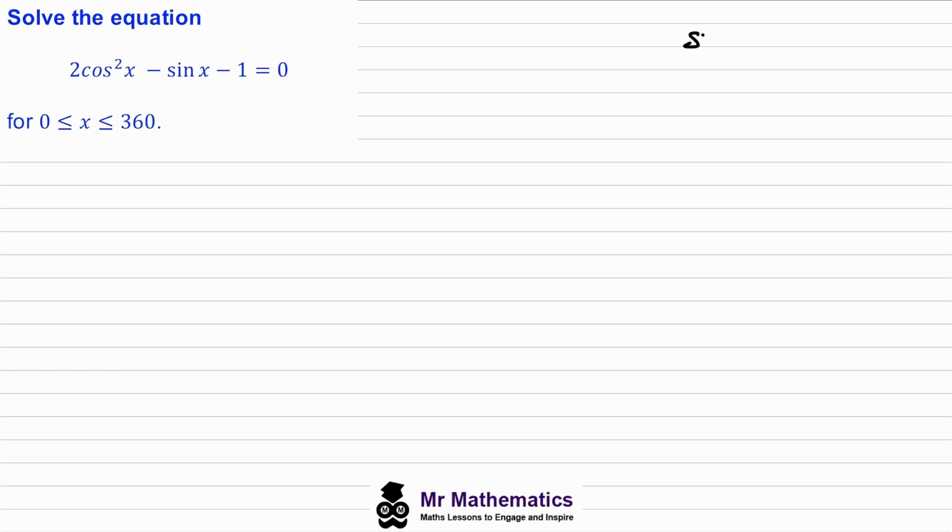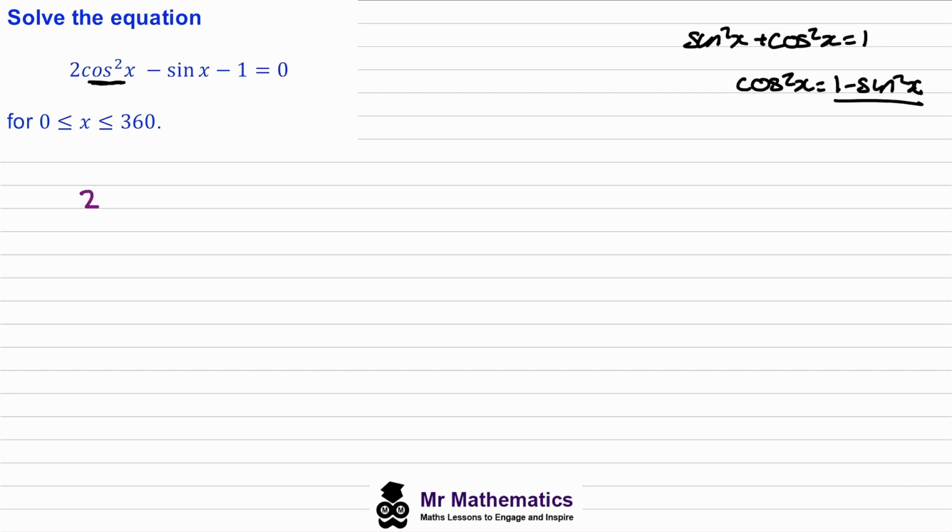And we can use sine squared x plus cos squared x equals 1 to write this cos squared x in terms of sine x. So we'll move the sine squared x to the right-hand side. So cos squared x will equal 1 minus sine squared x. Then we can substitute this in place of the cos squared x.